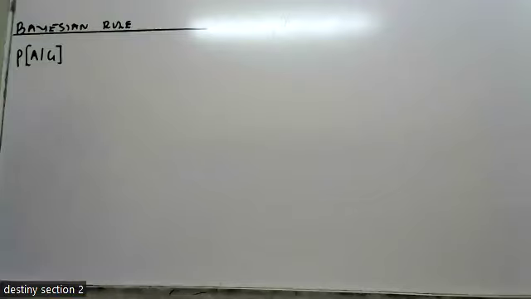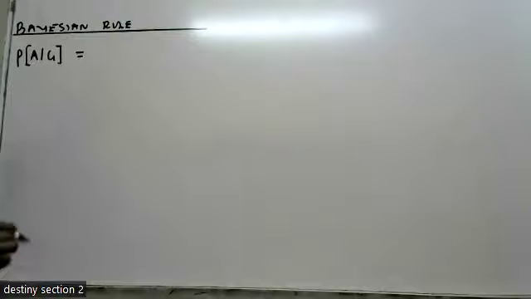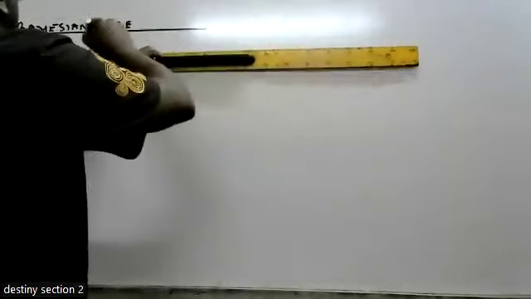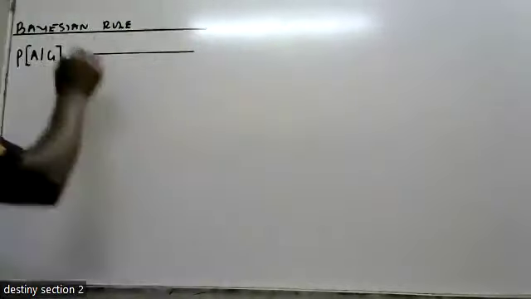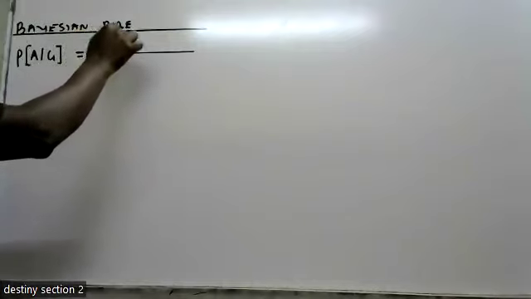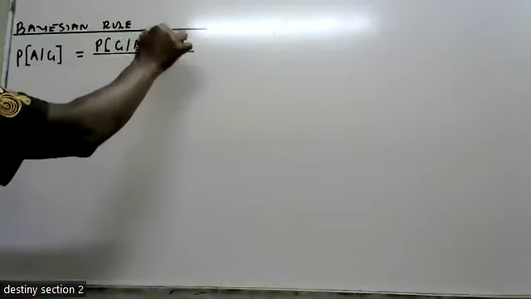And according to this rule, we are supposed now to open this one, and be able to say something like this, as you can see in the rule up there. It is the probability of gold given A, you multiply by probability of A.